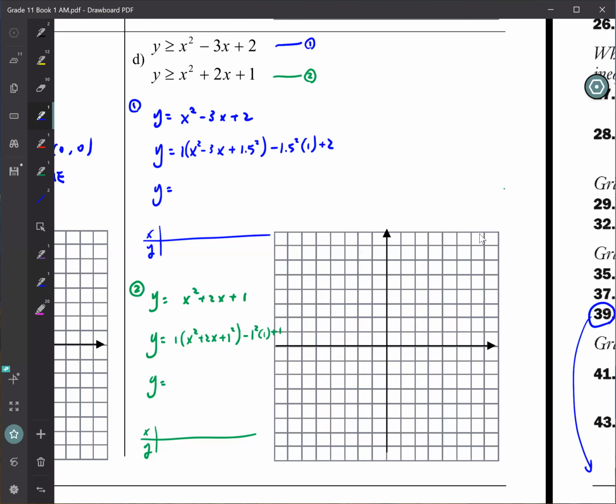Eric, are you done the first one yet? Yeah, I got x minus 3 over 2 squared minus 1 over 4. Minus 1 over 4? Yeah. Okay. Anyone else got something different? So minus 1 over 4, I'll use decimal 0.25.